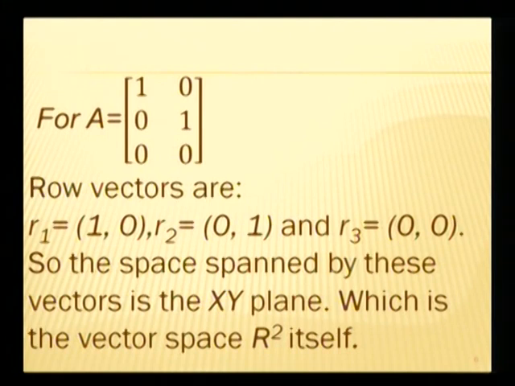So row vectors are R1 is (1, 0), R2 is (0, 1), and R3 is (0, 0). And so we can see that the space spanned by these vectors is the xy plane, which is the vector space R^2 itself. And so the dimension of this row space is 2.